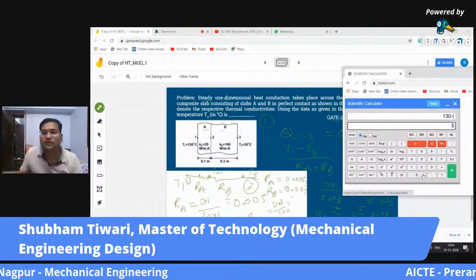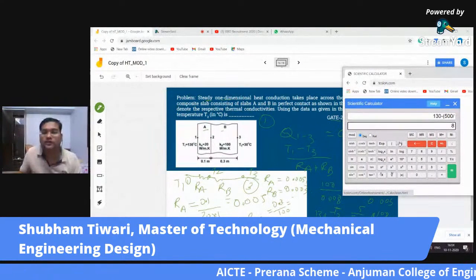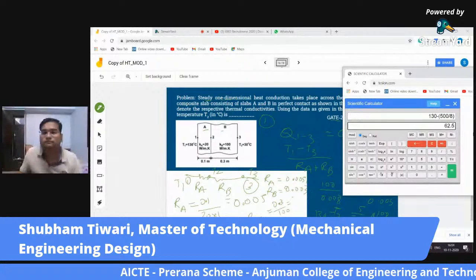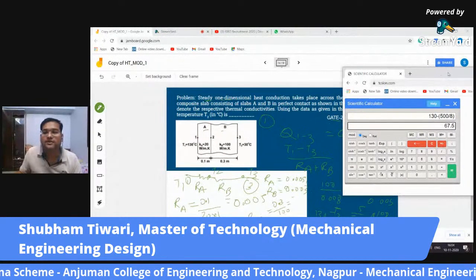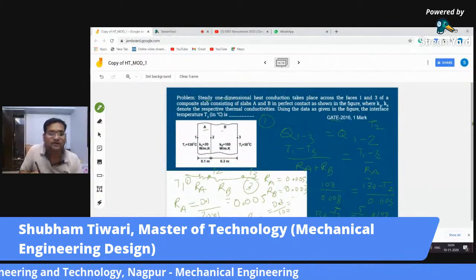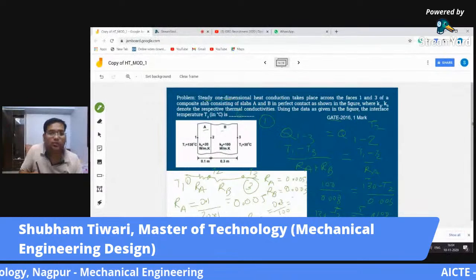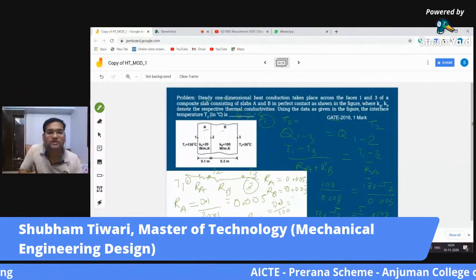This calculator is pretty difficult to use. Get acquainted with this calculator. So yes, the value comes out to be 67.5 degrees Celsius. So T2 is equal to 67.5.